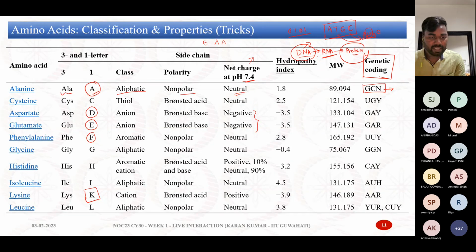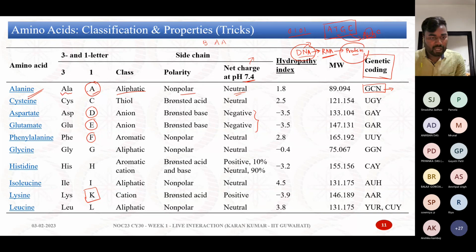Here A does not represent adenine, it represents alanine in protein, right? So now we are translating one information to another information, from nucleic acid level to protein level. That is why this process is called translation, right? DNA to RNA is transcription, because we are changing one letter. RNA to protein is translation, because you are changing from one language to another language. Okay, that is why it is called translation.